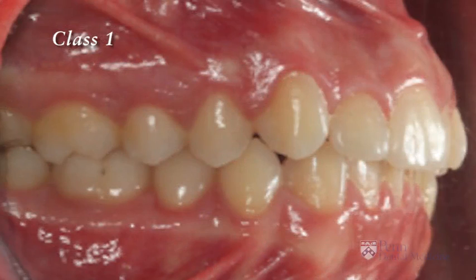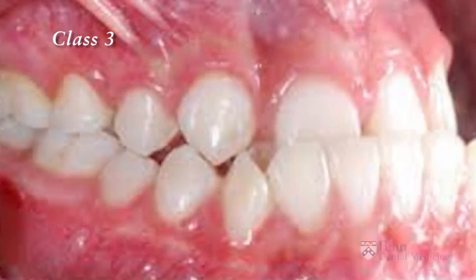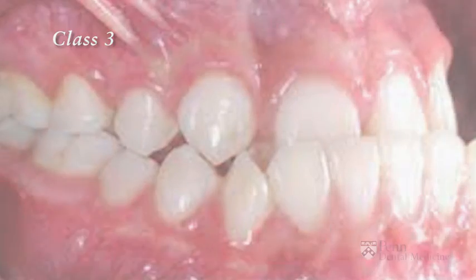In Angle class 1, the maxillary teeth just overlap the mandibular teeth. In class 2, the maxillary teeth, especially the front teeth, are positioned forward of the ideal place. And in class 3 malocclusion, the mandibular lower incisors overlap the maxillary teeth, resulting in protrusion of the jaw.